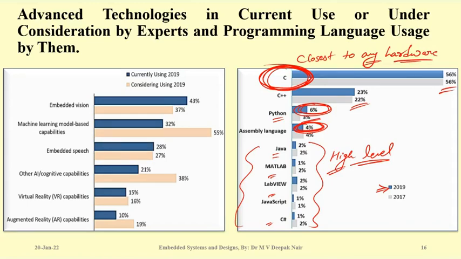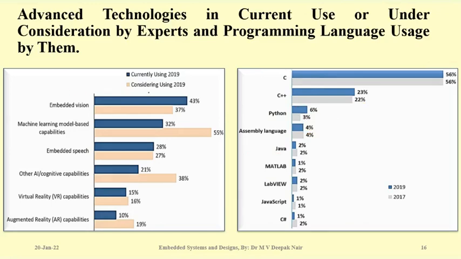So that's why when you are designing any hardware related solutions or embedded solutions, C is considered to be the most appropriate language for designing any embedded system. So this is why I am going to work in this particular language to cover the course.